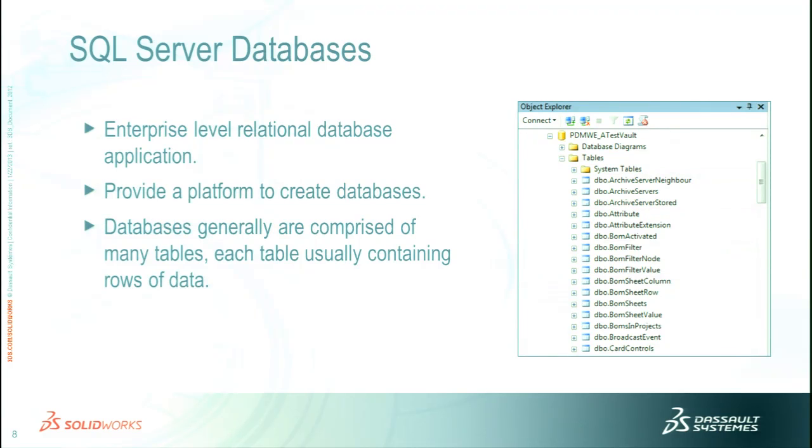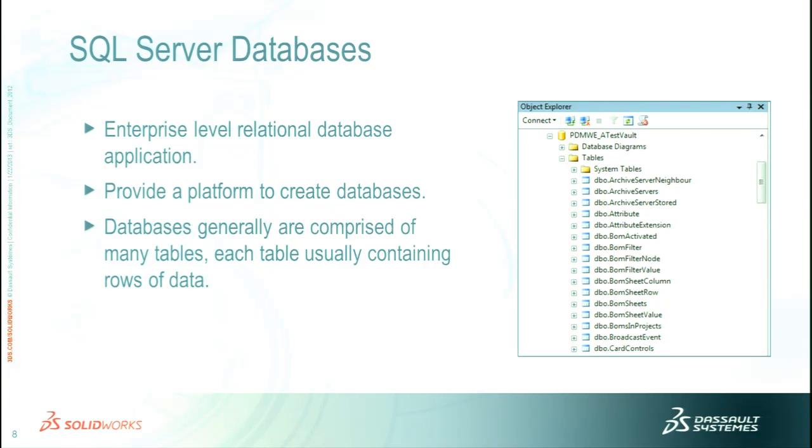The databases that are stored inside SQL Server are called relational databases, and Enterprise PDM is a relational database application. So it's a database that contains a bunch of tables. It stores information in all these tables, or Excel sheets essentially, and every table has some kind of identifier that links it to other tables, so there's a lot happening behind the scenes.